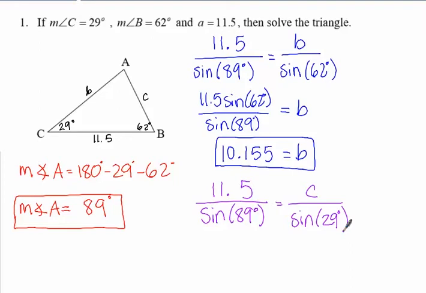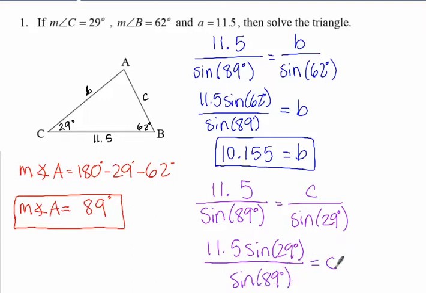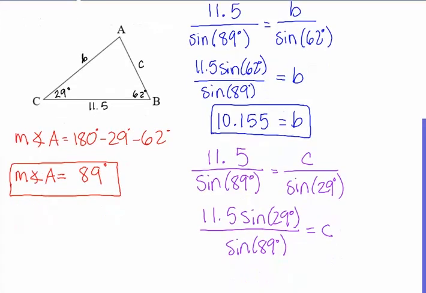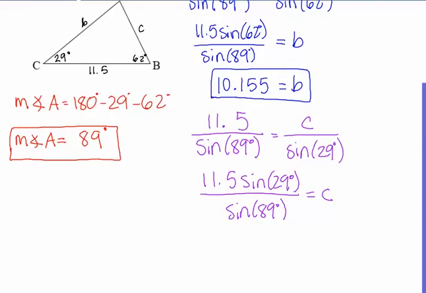To solve this, I'm going to use the same steps that I did to find side b and multiply by sine of 29 degrees. So when I plug this in my calculator, I get that side c is equal to 5.576 units. And now we have solved this triangle.